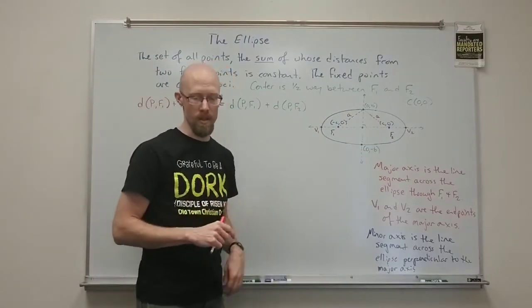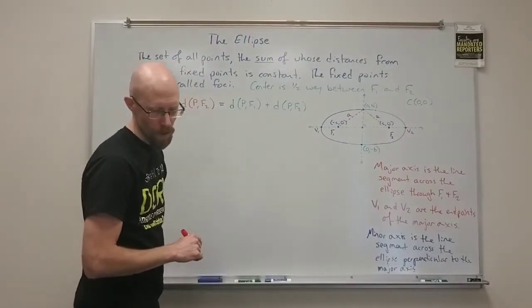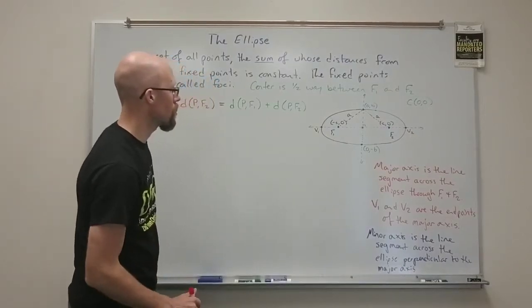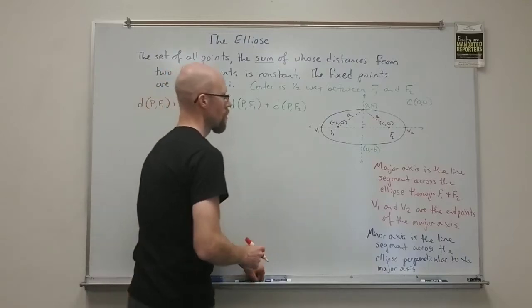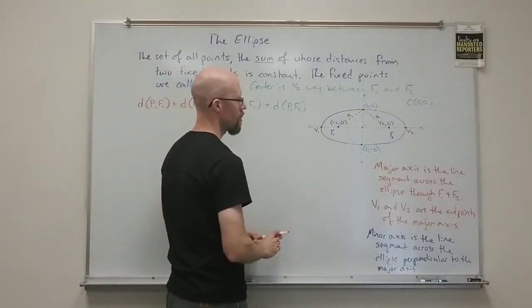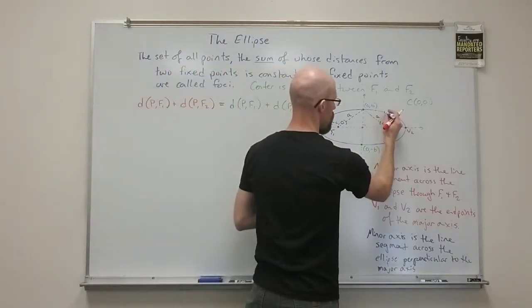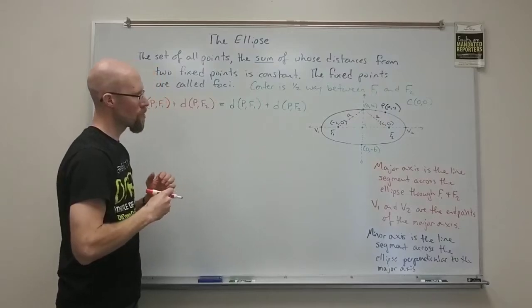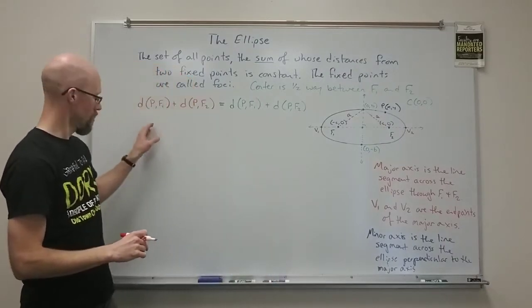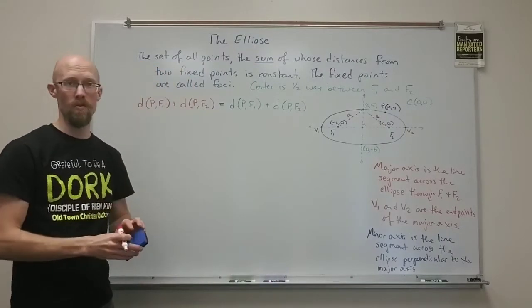The sum is the same. All right, and so we're going to use a point P. Let's put P anywhere on the graph, it doesn't matter. It's going to be x comma y. And so I'm going to use that point for my distance formulas.